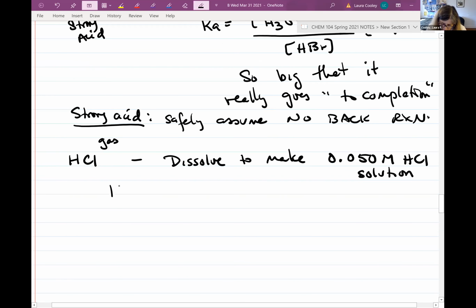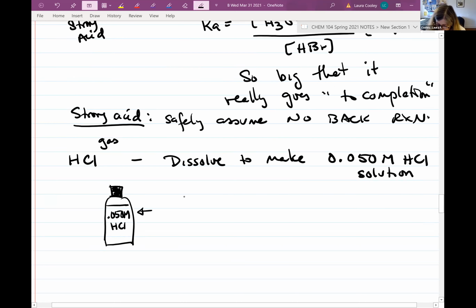I have a bottle, and on the bottle it says 0.050 molar HCl solution. 0.050 isn't that strong, but you probably want to deal with this in the hood because of the odor of HCl. If it was like 5 molar, you would definitely want to work with that in the hood because it has an awful odor. So this is what it says on the label, 0.050 molar.